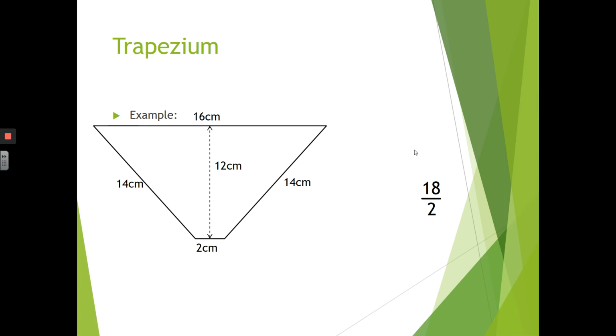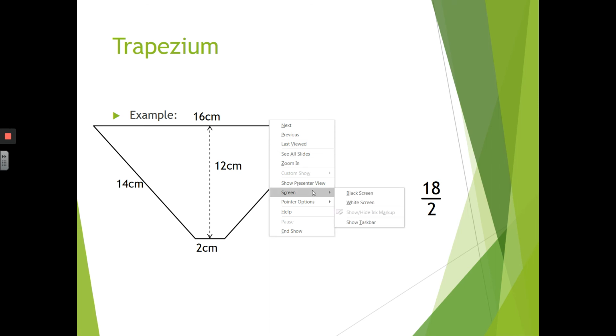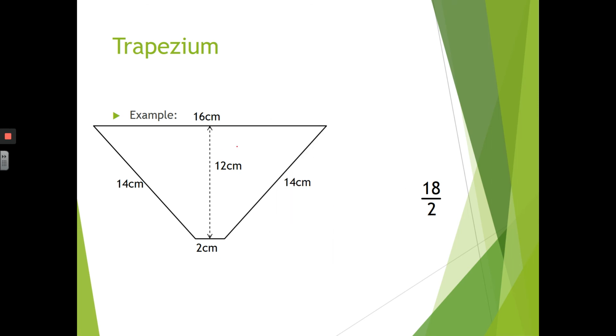So like for this one, for example, we've got a trapezium because we've got 2 parallel sides. So the first step is working out which is a and b. Your parallel sides are the top and bottom, so I could call that one a and that one b. And your height is your distance between these two. So this one here is your height.